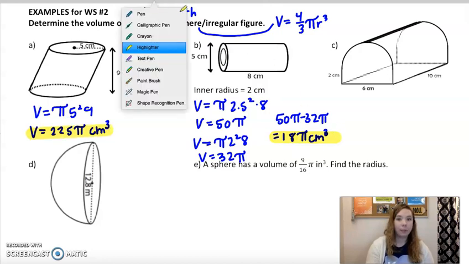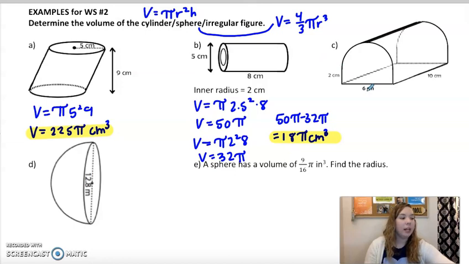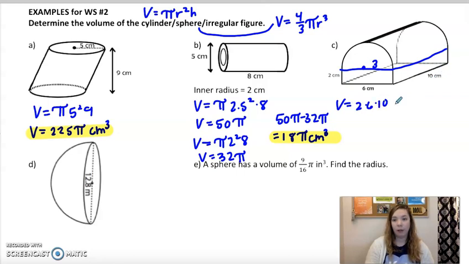All right, C. If you are looking at it too quickly, you might think it is half of a cylinder, but really here, half of our cylinder would be about there. So you have a half cylinder on top of a rectangular prism in reality. And I know that this radius is going to be 3 because all the way across is 6. So I have a rectangular prism on the bottom where I have 2 times 6 times 10 to get that volume.